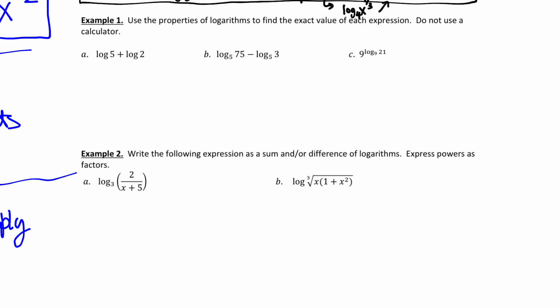So, 10 to the what gives you 5? 10 to the what gives you 2? So you want to put these together using one of these rules. Which rule do you want to use?